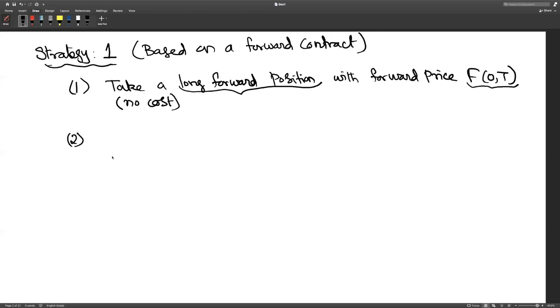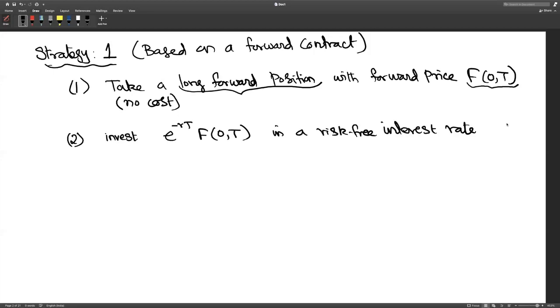And the second part is, in parallel, you also invest this money, e to the power minus rT times f of 0, T, in a risk-free interest rate instrument, say for instance a bond.